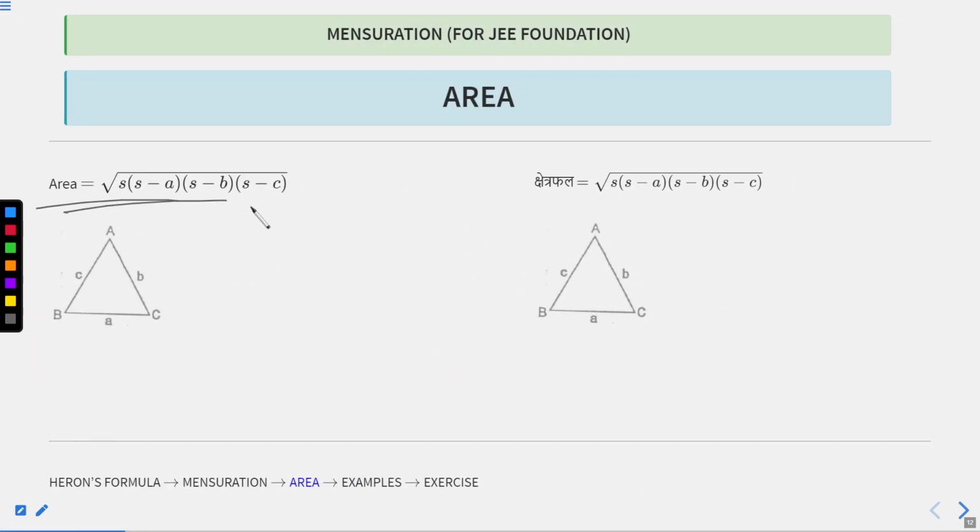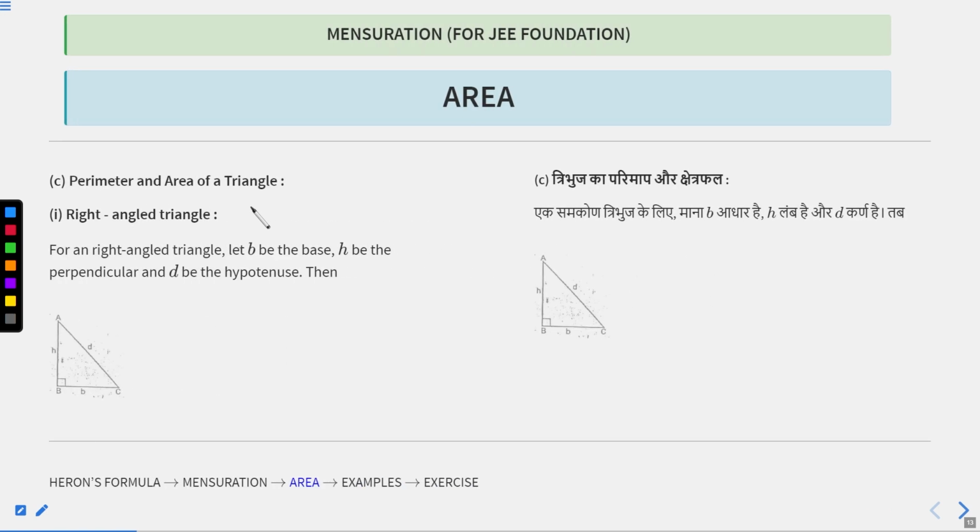So moving again, now perimeter and area of triangle. I've already covered the Heron's formula, but Heron's formula is only applicable if all sides are given. What if we are facing a right angle triangle?